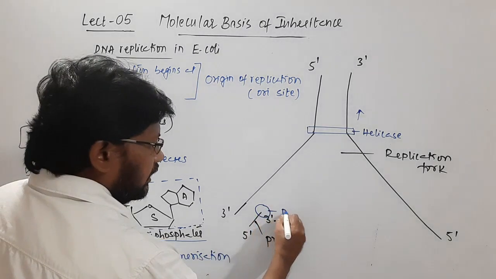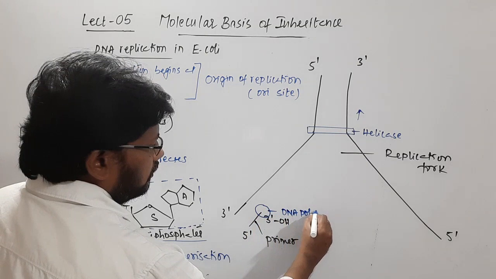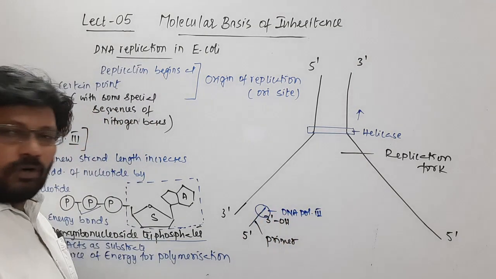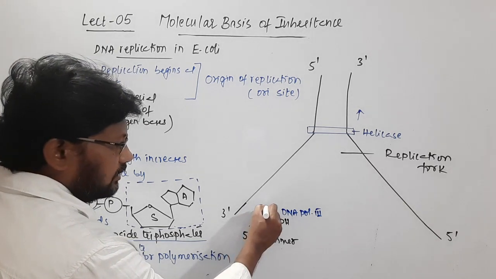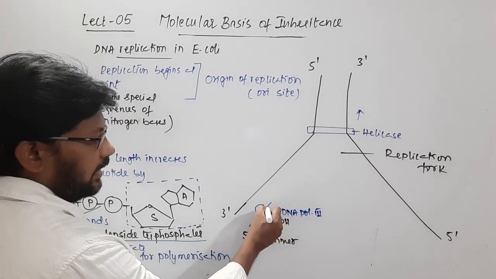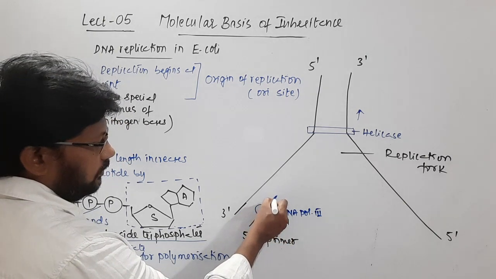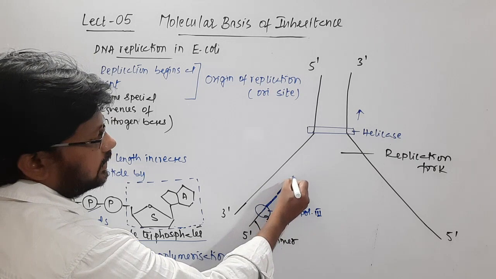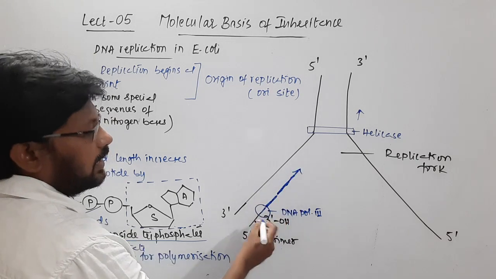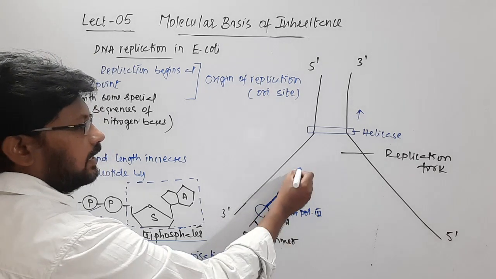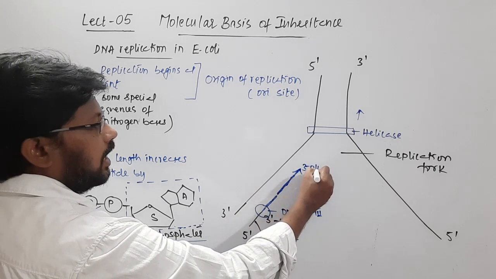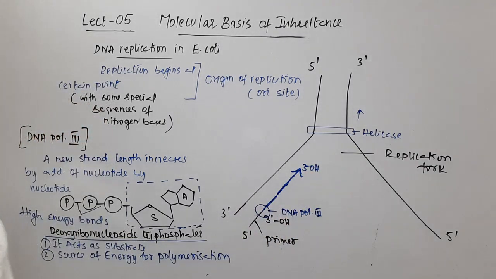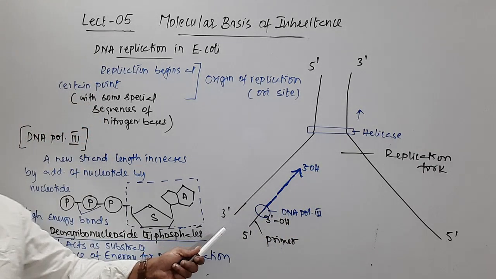Now this is the DNA pol 3 enzyme, and you can see here one nucleotide is added. Then again this nucleotide will have a 3 OH end. Then again it adds one more, and one more, and it goes on adding nucleotide by nucleotide, and this is how the strand grows on one of the strands.